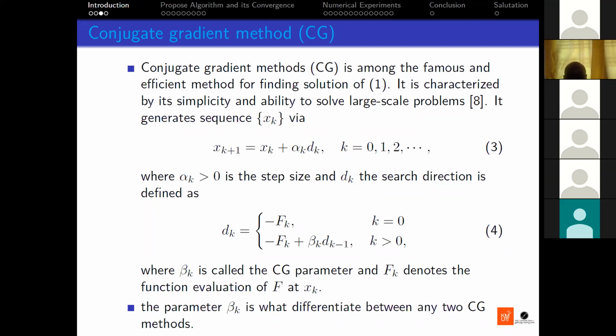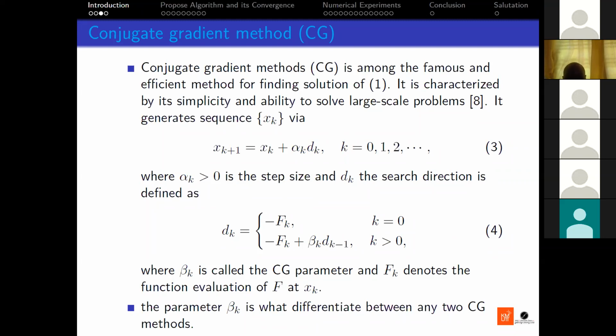The step size is usually obtained using a suitable line search procedure, which we are going to see later in the algorithm. And the direction dk is given by 4. When k is 0, dk is minus fk. So d0 is just minus f0. And when k is greater than 0, that is from 1, we have dk equal to minus fk plus beta k dk minus 1.